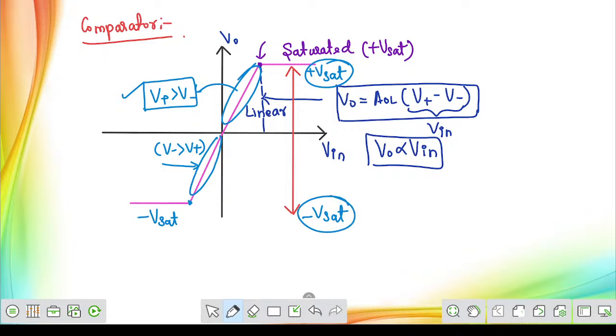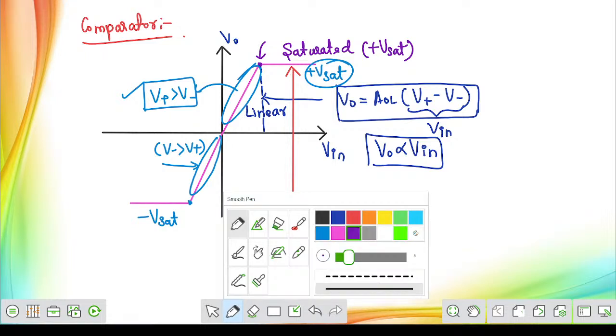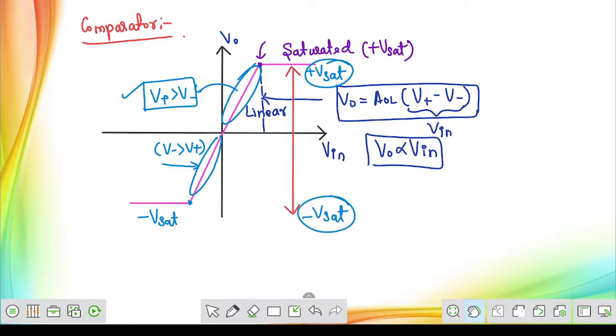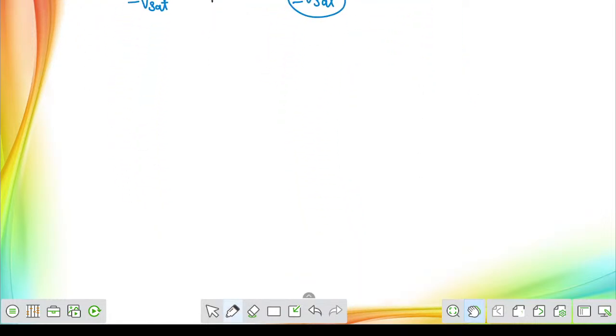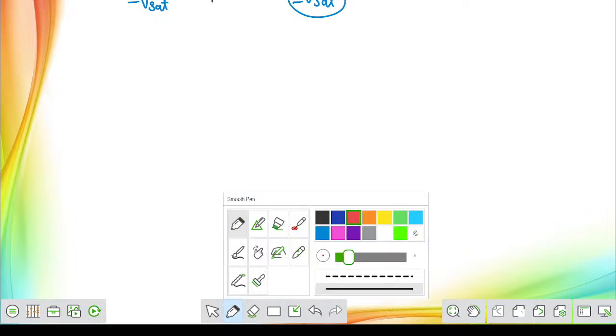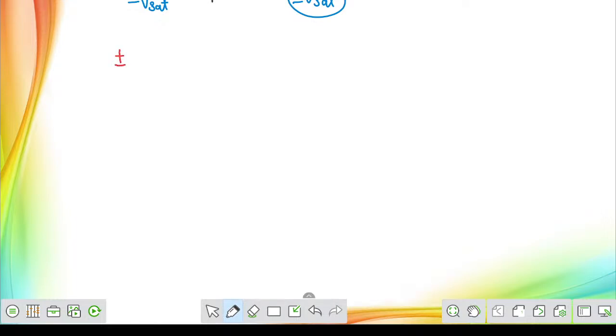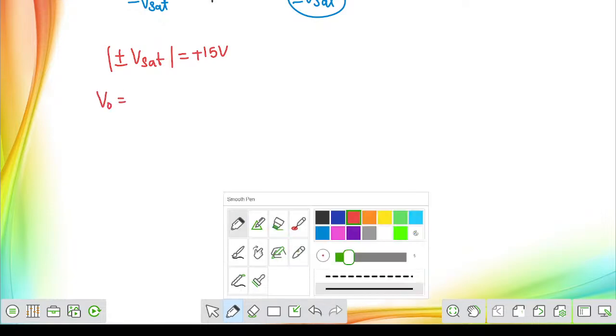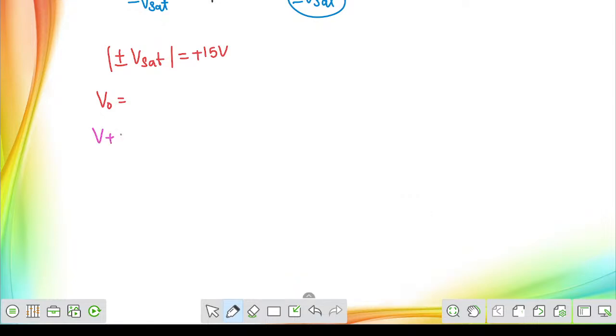When it reaches these conditions, I will tell you. There is a certain saturation point for your operational amplifier. For example, plus or minus Vsat magnitude is given as 15 volts. Now, when you calculate the output value of the operational amplifier using the formula, let us take V plus, V minus and open loop gain to have certain values.